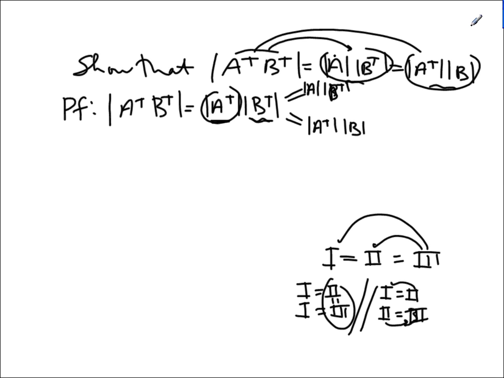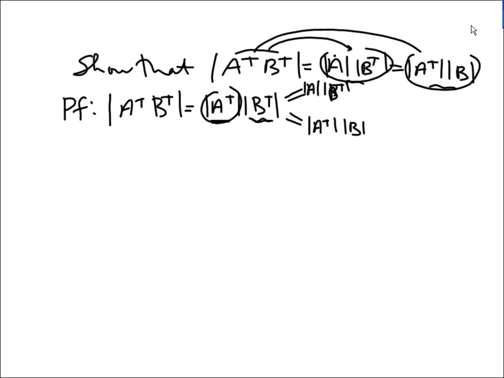Not a very long proof. Definitely a proof that you should be able to do on a test. Personally, I don't think I would give that one because it's a bit simple.